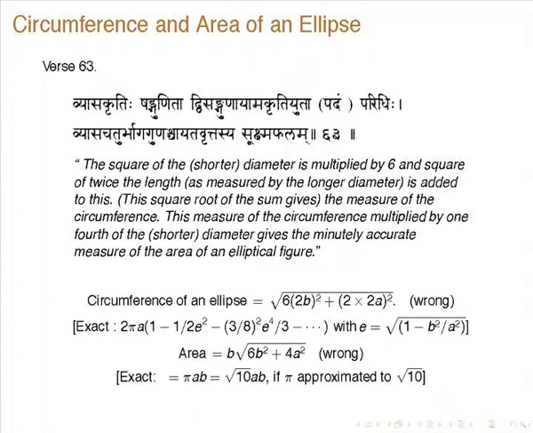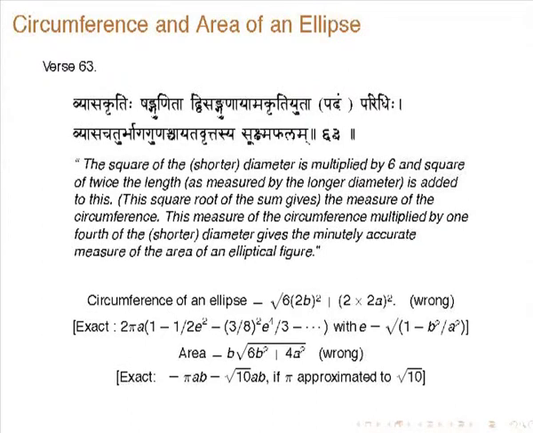Of course, when you take b equal to a, you will get the value for the circle, with pi equal to root 10, but for an ellipse this is not correct. But we do not know, he might not have meant ellipse, so it is not very clear. One has to look at the commentaries a little more in detail.